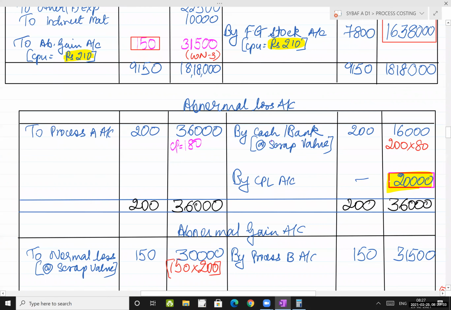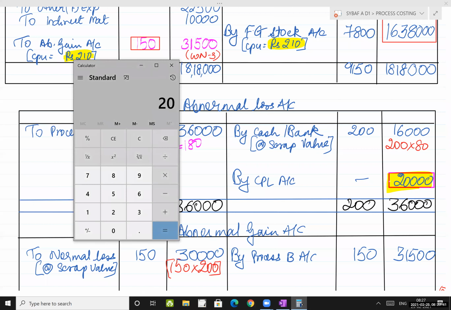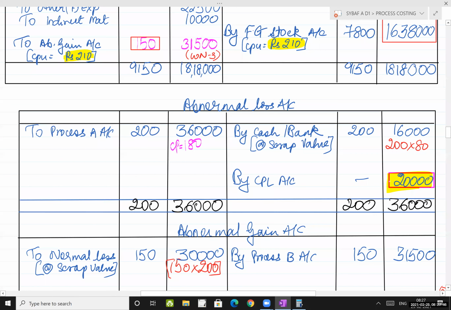So the journal entry will be cash to abnormal loss. At which value? At scrap value. What is the scrap value? 80 rupees. So 200 into 80 makes it 16,000. So obviously there will be a difference because this is 180 and this is 80. Right? So there is a difference which will go to CPL.